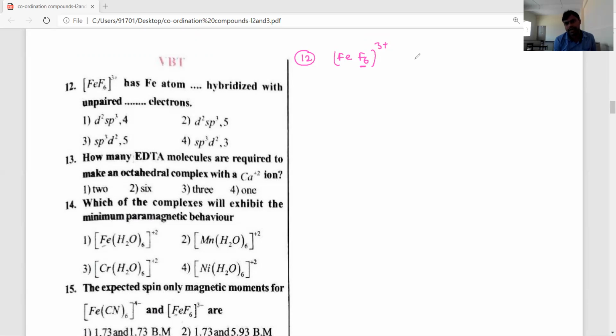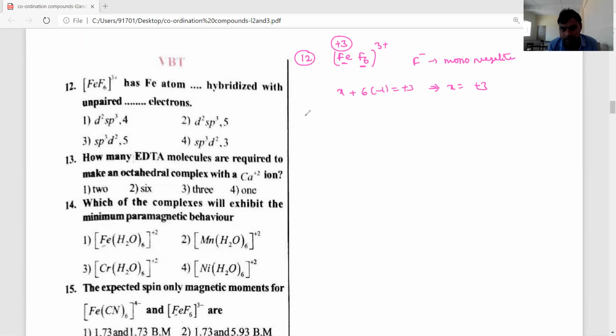See here, fluoride ions are mono-negative ligands. That's why the iron oxidation number: x plus 6 into minus 1 is equal to plus 3, then x is equal to plus 3. Now we got iron in the plus 3 oxidation state. Now we have to find its hybridization and number of unpaired electrons.